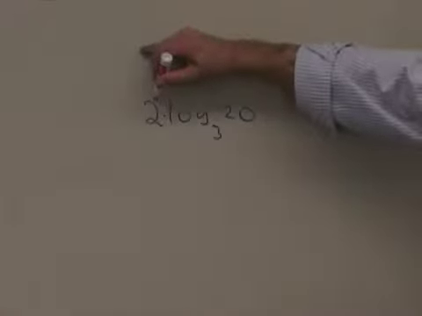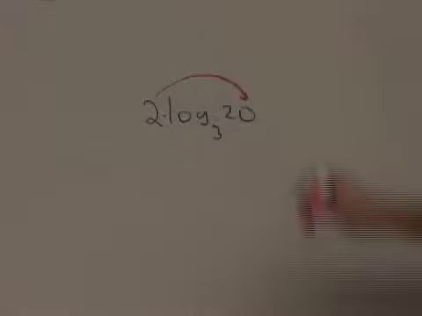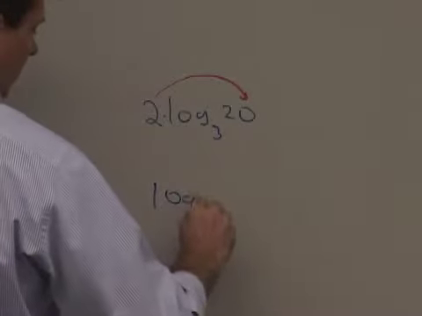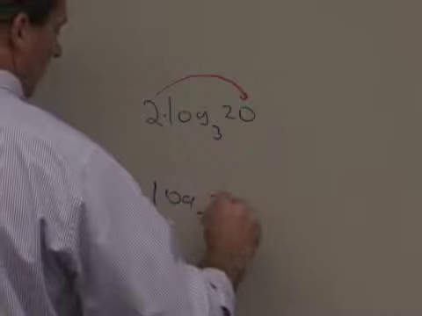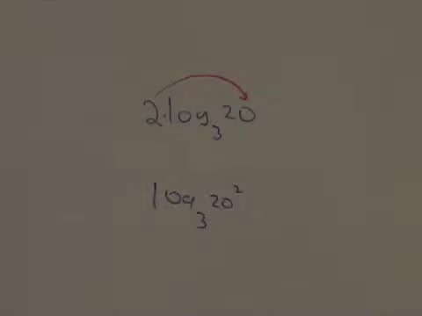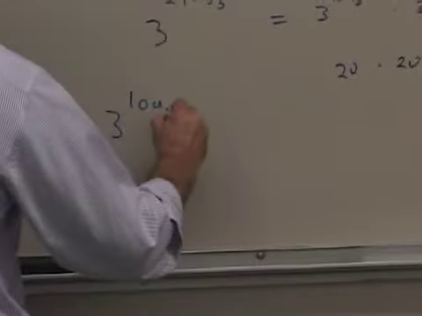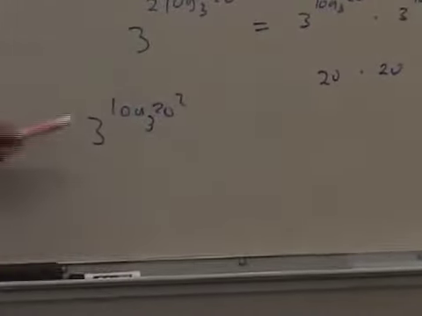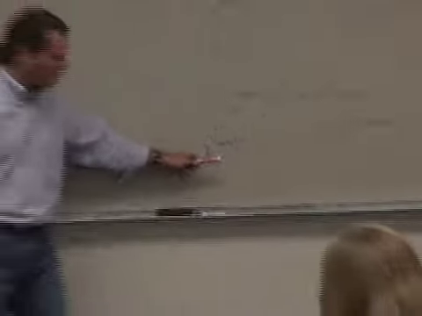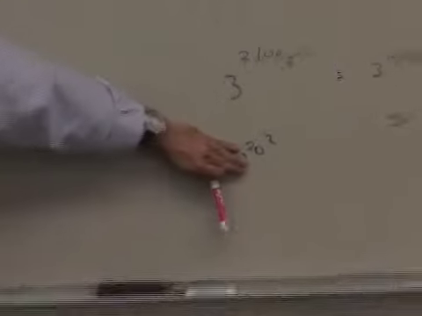And here's where you can move it. You can move it right up on top of that thing and write log base 3 of 20 squared. Now if I had done that, I'd have 3 log base 3 of 20 squared. These two things are now the same base. What's the answer here? 20 squared, which is also 400.